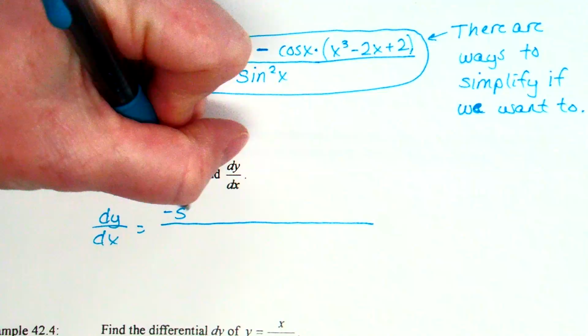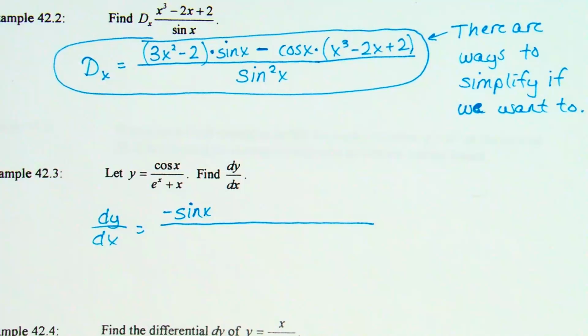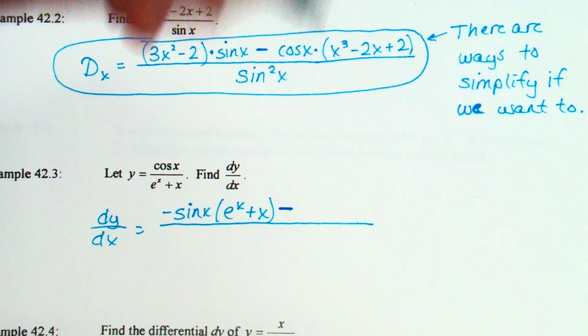Derivative of the numerator times the denominator, which is e to the x plus x. Then what? Minus derivative of the denominator. So what's derivative of e to the x plus x? e to the x plus 1.